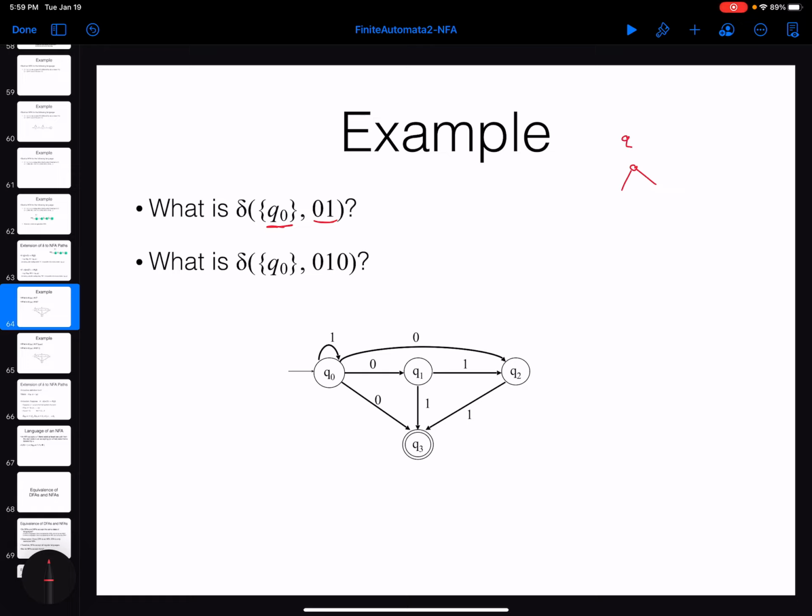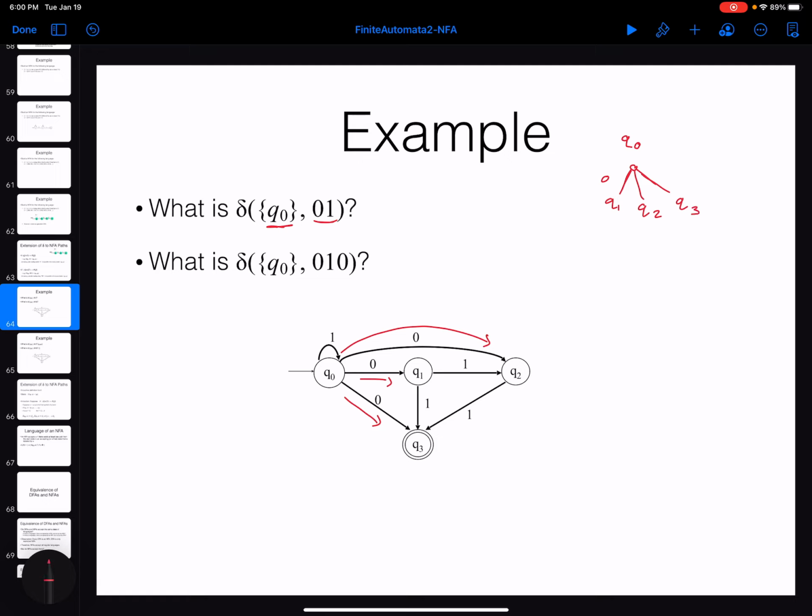You can draw it horizontally or vertically; let me show it vertically. By reading a 0, there are three possibilities: you can go to Q1, Q2, or Q3. I'm going to represent all of those paths.